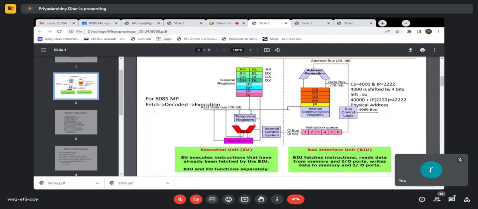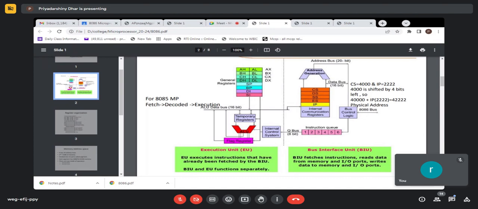The code segment stores the code, and the data segment stores the data. But in the 8085 microprocessor we don't have this kind of segmented memory. In the 8085 we have a total of 64 kilobyte memory chip, and inside it we store data and instructions, not divided, not segmented.